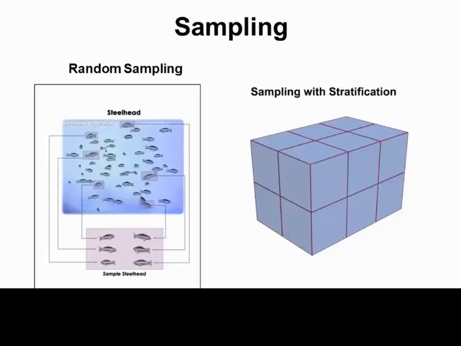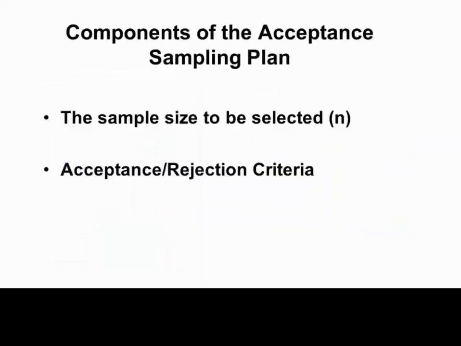This is common in voting polls, where you might split up the strata by demographic and make sure we sample equally across those different ranges, since one demographic may be more likely to vote for one candidate versus another.